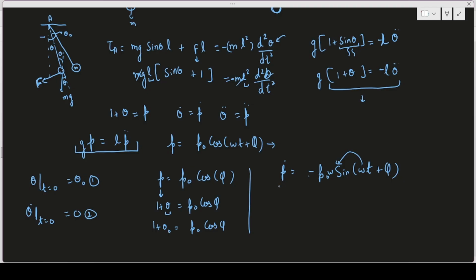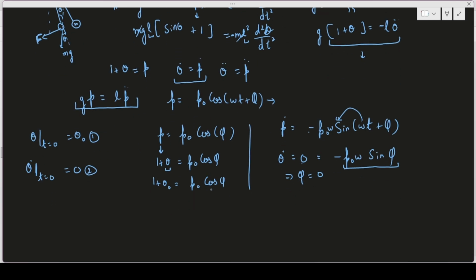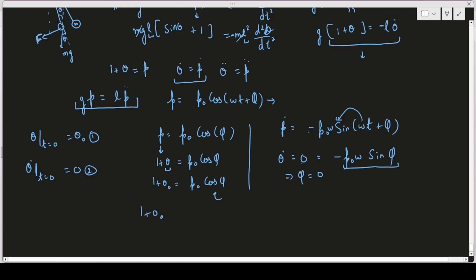So theta dot, which is equal to 0 at t equal to 0, will be equal to minus p naught omega sine phi. So minus p naught omega sine phi equal to 0. This implies that phi equal to 0. Now we put this phi equal to 0 in this equation. So 1 plus theta naught equal to p naught cos 0, and cos 0 equal to 1. So p naught equal to 1 plus theta naught.